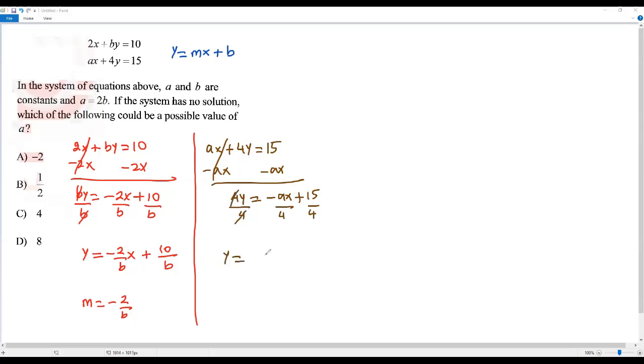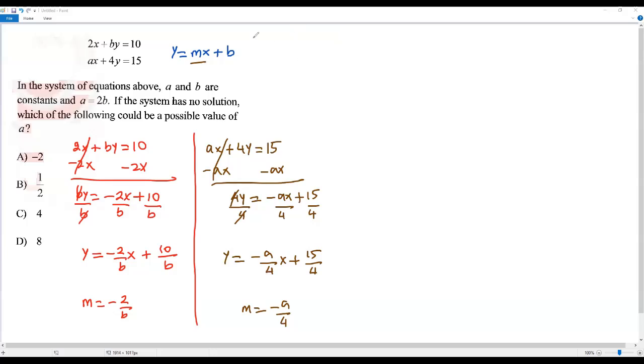I get y equals negative a over 4 times x plus 15 over 4. Comparing, I get m equals negative a over 4. So the slope of the second line is negative a over 4.